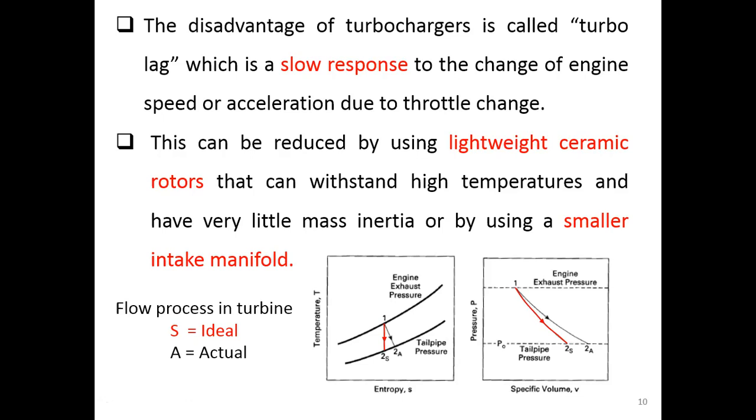The mass inertia will affect what? It's going to affect the rotation of the turbine. If the turbine has low mass inertia, the turbine can run faster and respond faster. So this is one way: consider a special material to make the turbine, one that can withstand high temperatures and is also lightweight, in order to give a fast response to the change of the engine.